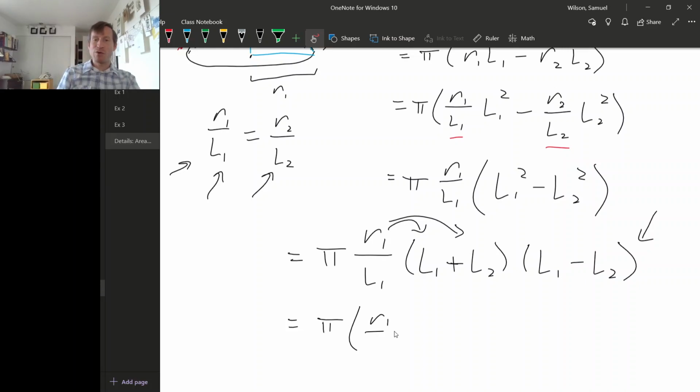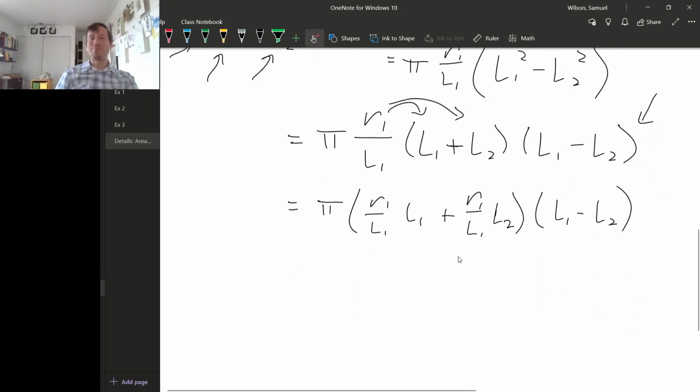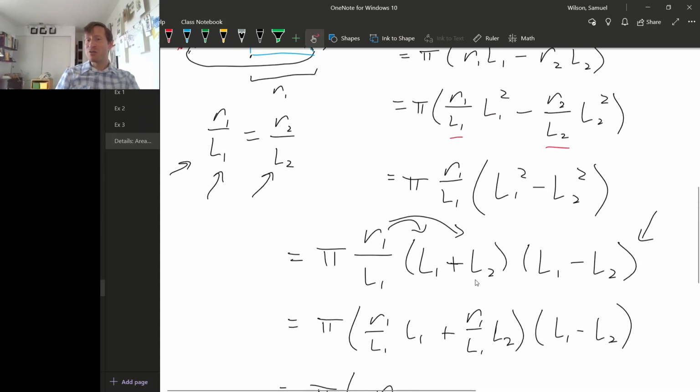So you get R1 over L1 times L1 plus R1 over L1 times L2 times L1 minus L2. Okay, in this first term, the L1s cancel, and you just get R1. In the second term, remember, R1 over L1 is equal to R2 over L2.